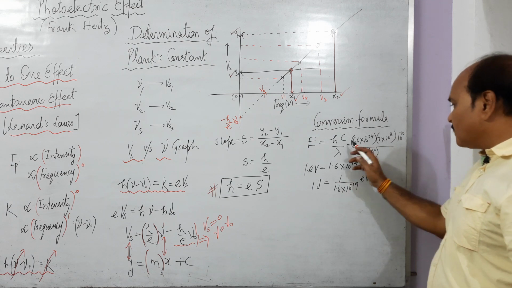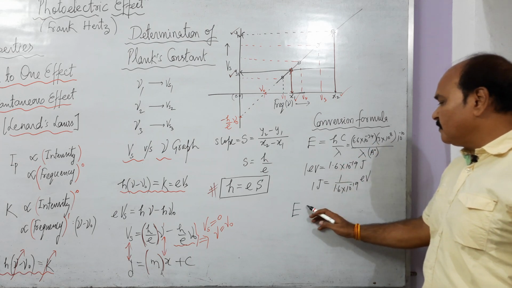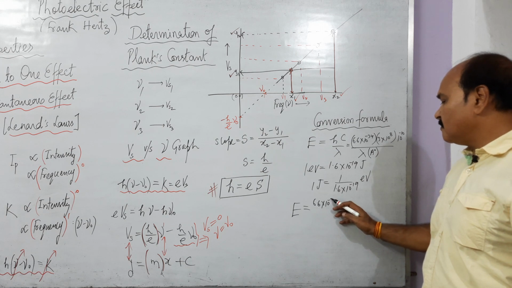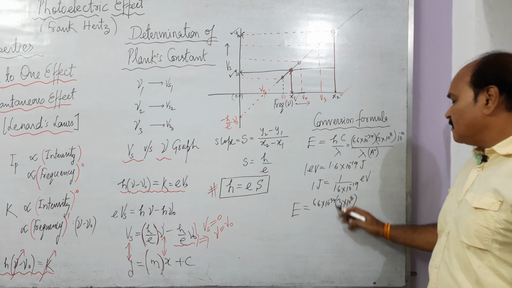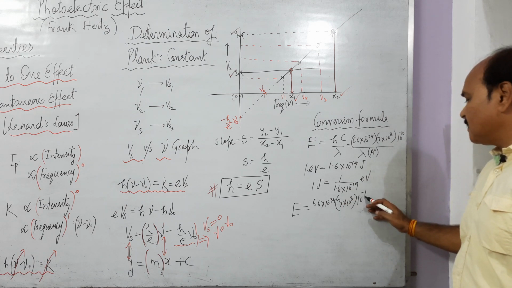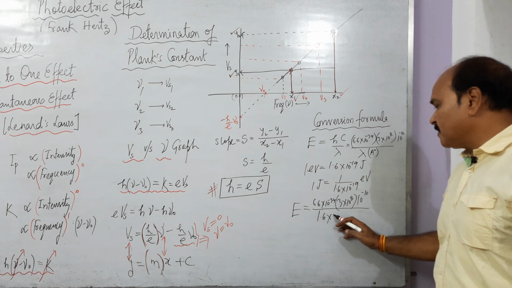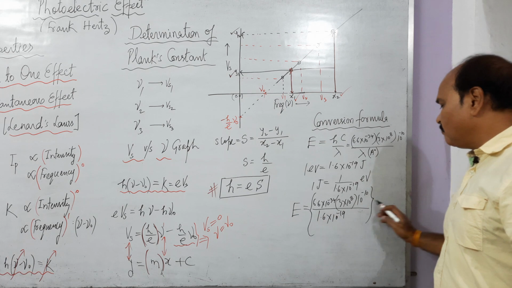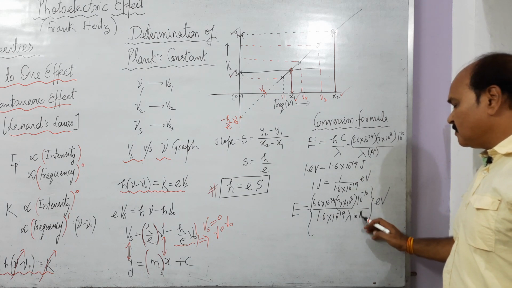So if we divide the right hand side, which is 6.6 × 10⁻³⁴ × 3 × 10⁸ × 10⁻¹⁰, also by 1.6 × 10⁻¹⁹, this whole quantity is converted into electron volt. And remember, this wavelength here is in angstrom.